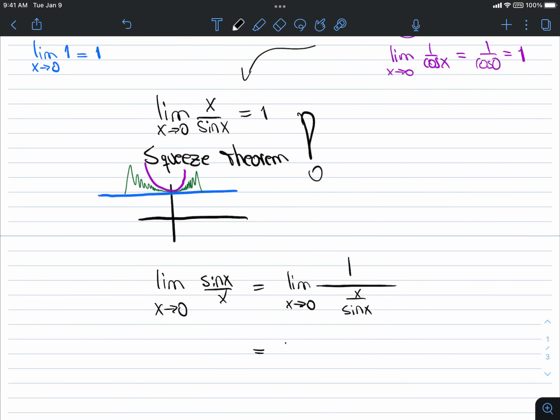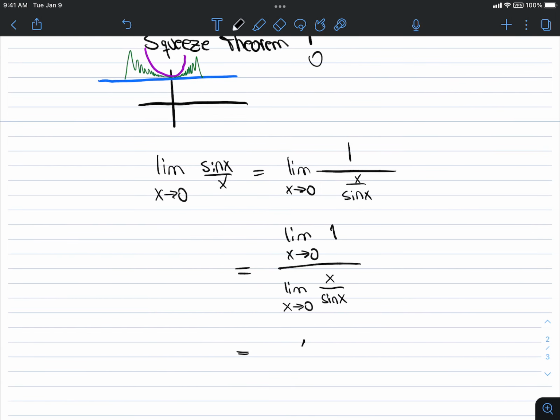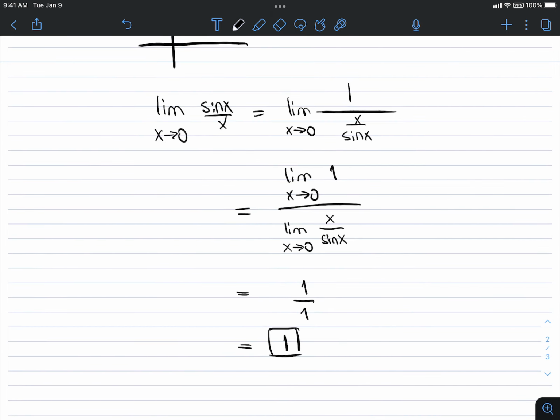And by the quotient law for limits, this is the limit of the top divided by the limit of the bottom, as long as the limit of the bottom is not 0. So this is then 1 over 1, which is 1. And that is my proof. This is so important that we call this the fundamental trigonometric limit. And I hope this proof was enough to convince you.